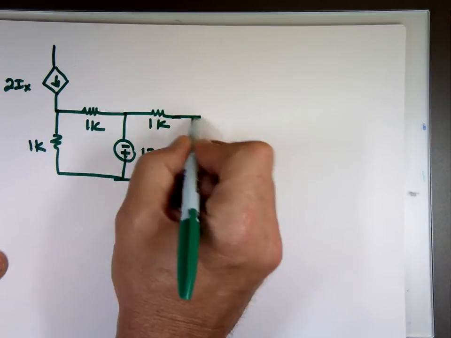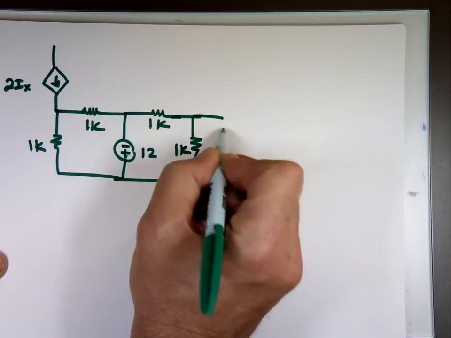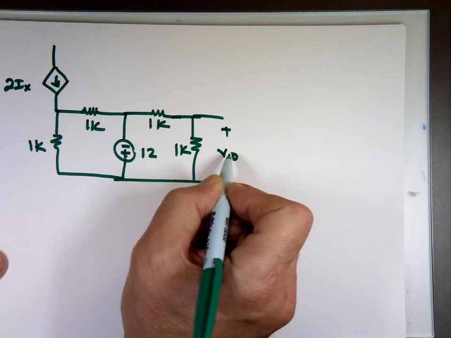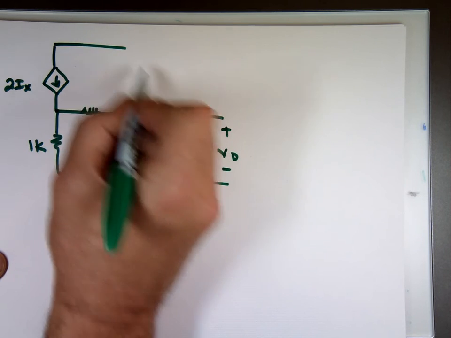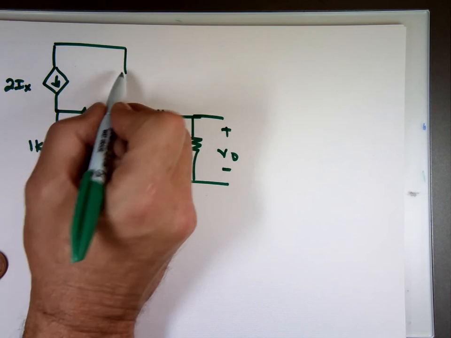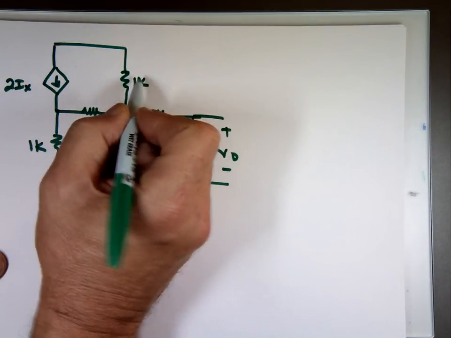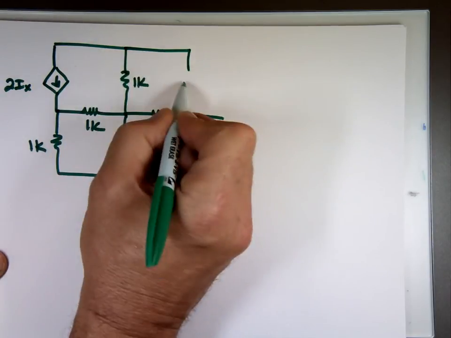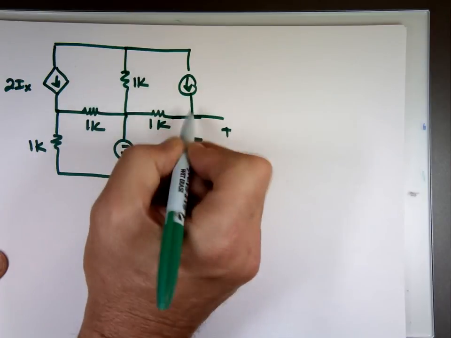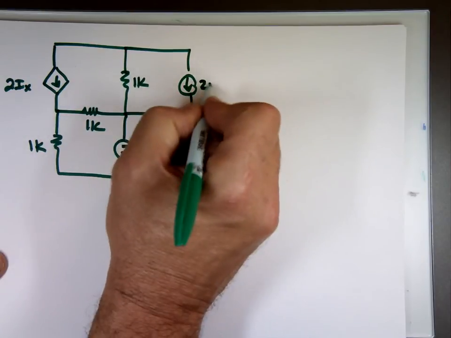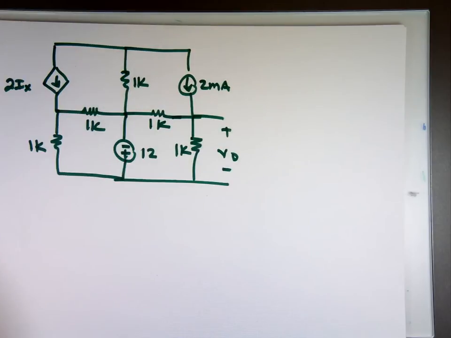And this is V out. Two milliamp. I sub x, if my eyes are good, it's going in.